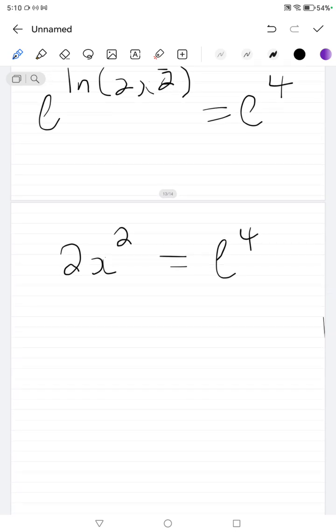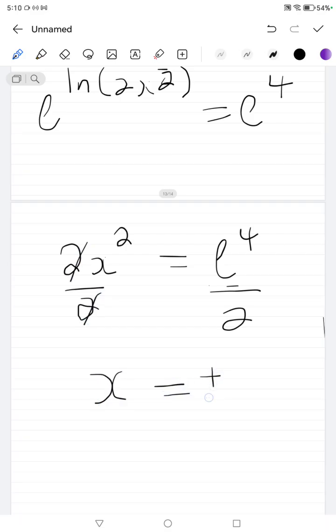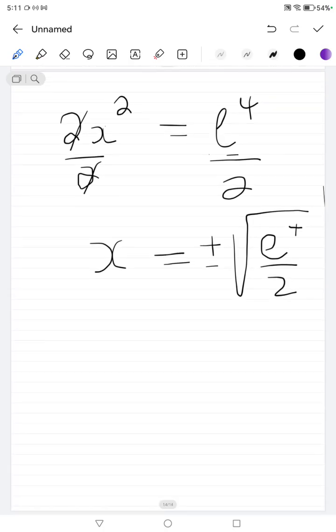So now you know this one you can divide by 2. You can divide by 2. You're left with x is plus or minus the square root of e to the exponent 4 over 2. So yeah, that will be the final answer for that one.